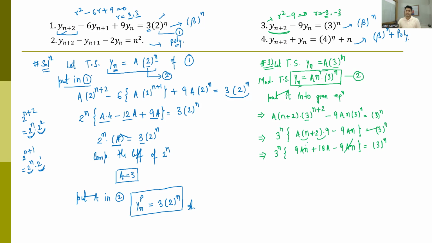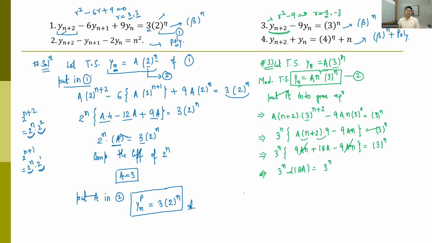So this term got cancelled by this. What is left? 18a. So what do I get? 3 power n into 18 times a is equal to 3 power n.